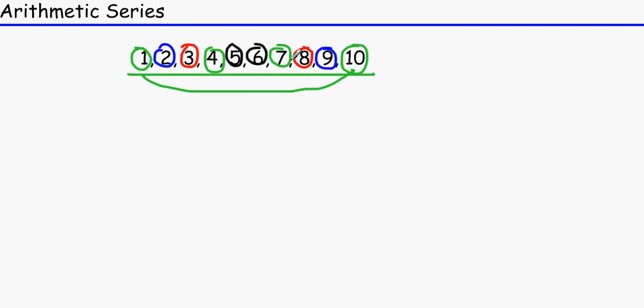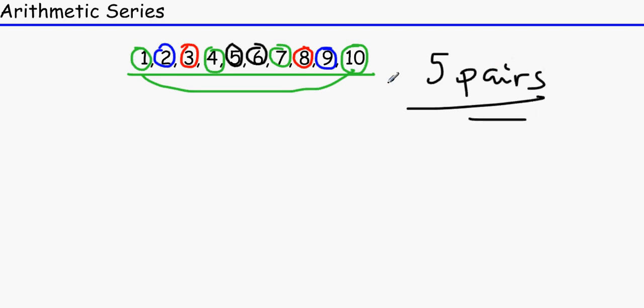You may be thinking, shouldn't it be 1 and 9, or 10 and 0, 9 and 1, 8 and 2, 7 and 3, 6 and 4, and 5 and 5? But there's no two 5s, so we can't really pair them up. So we use the first and the last numbers, and we pair them up going inwards like that. As you can see, there are 5 pairs of numbers.